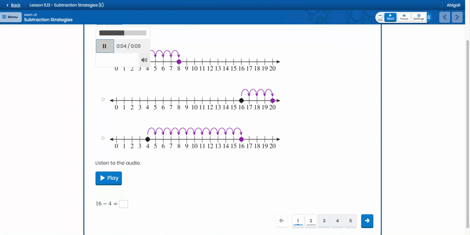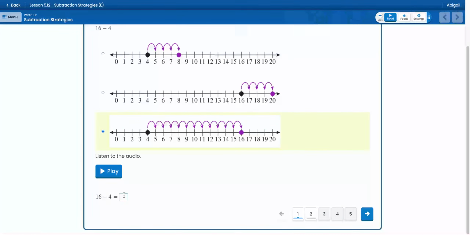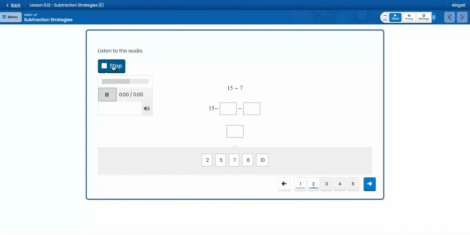Choose the number line that shows how to count on to subtract. Make a 10 to subtract 15 minus 7.